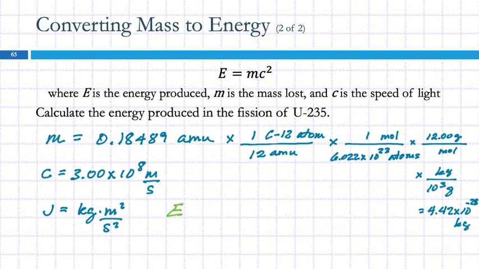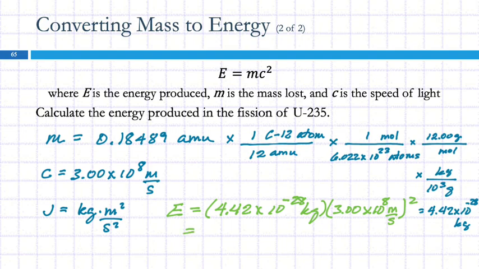So the energy is equal to the mass, 4.42 times 10 to the minus 28 kilograms, which is a very small number, times the speed of light squared. And the speed of light is a very big number. So 3.98 times 10 to the minus 11 joules.